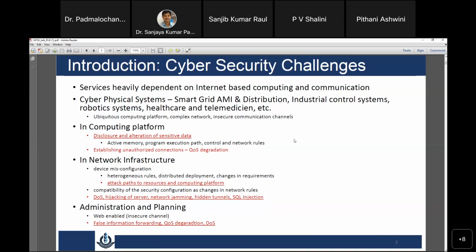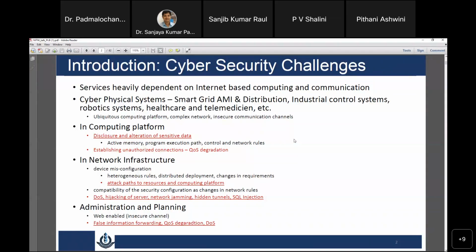So you have physical devices, and the functioning of those devices is controlled by cyber components. In both cases, essentially, we exchange data through insecure communication channels.